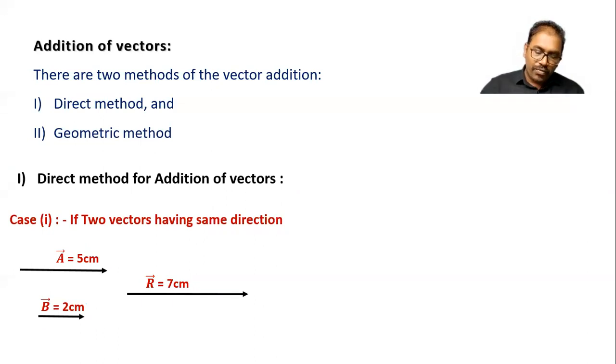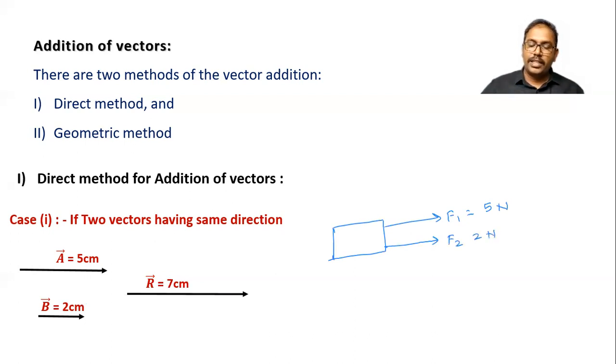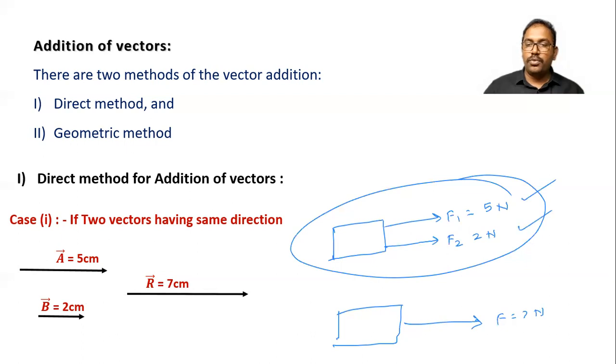For example, if this is a block, and on this block we apply a force F1 of 5 Newton and we apply another force of 2 Newton, then this case is similar to the same block having a 7 Newton force applied. When a 5 Newton force and a 2 Newton force act in the same direction, we can add these forces and get a total force equal to 7 Newton.